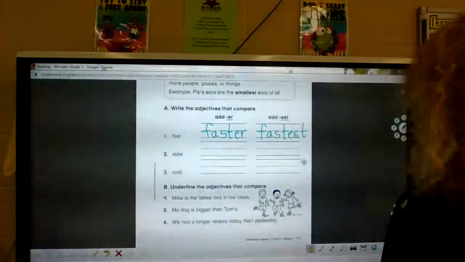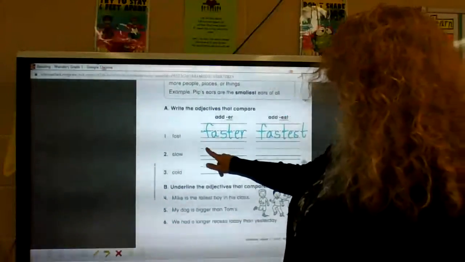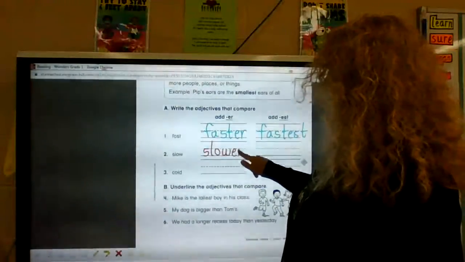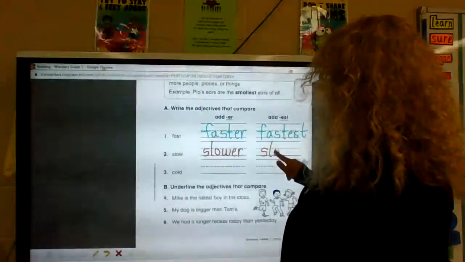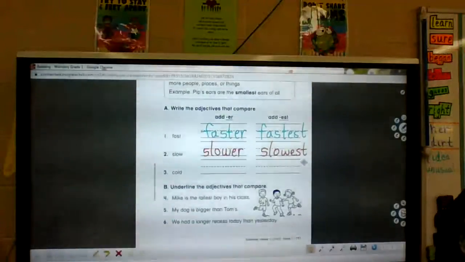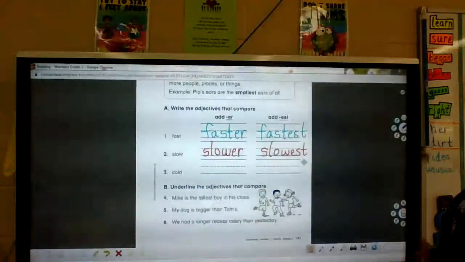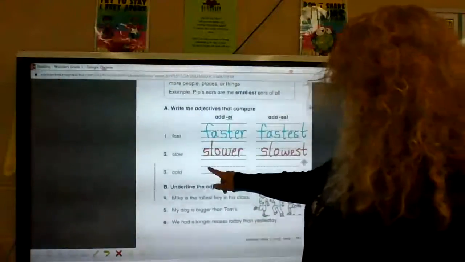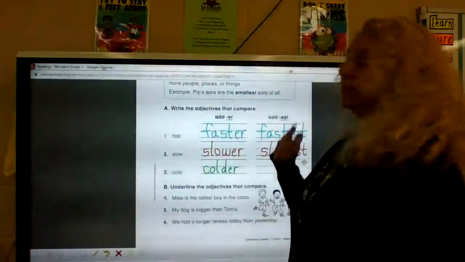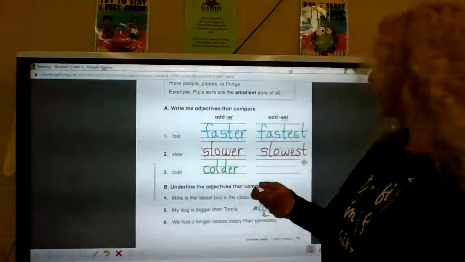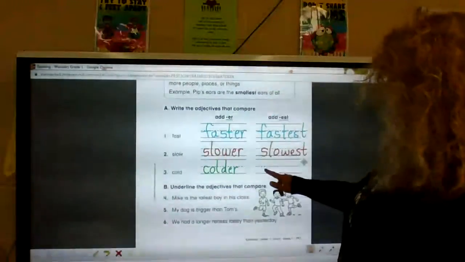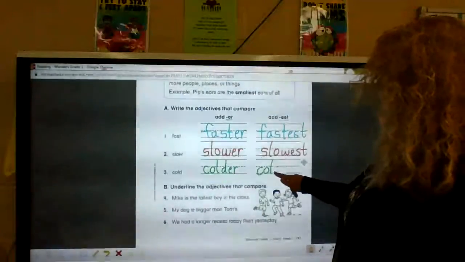Then we have slow, so you write slower and slowest. And cold, write your two words. Today is colder than yesterday, but tomorrow will be the coldest day of the week. That's how we compare.